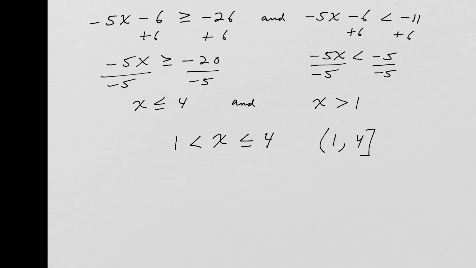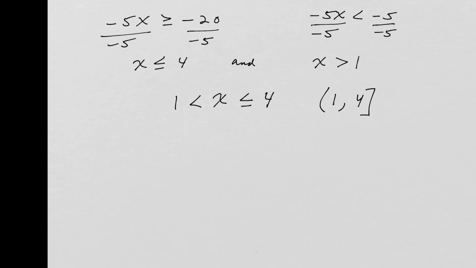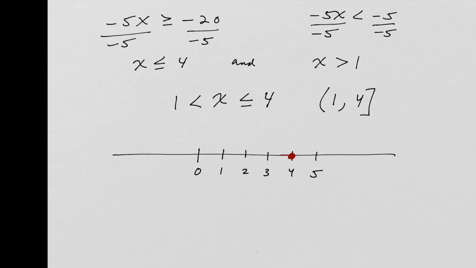Think of what this looks like graphically too, right? If x is less than or equal to 4, that's going to include 4, and it's going to be everything to the left.